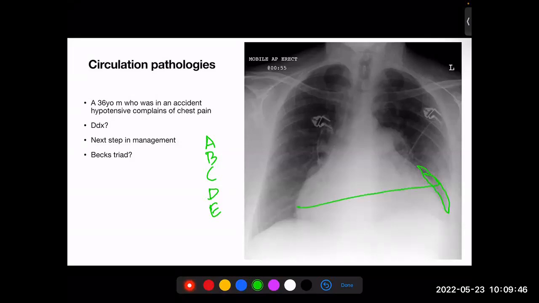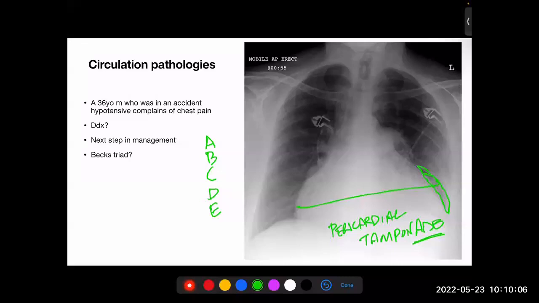So this is also a pericardial effusion. Pericardial effusion with tamponade. So what is the fluid that is in this space? Blood, because this patient was in an accident.